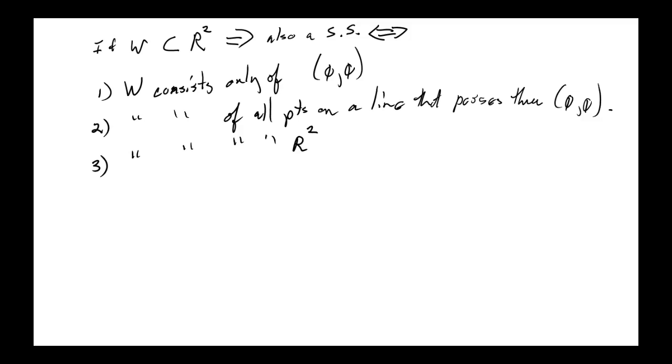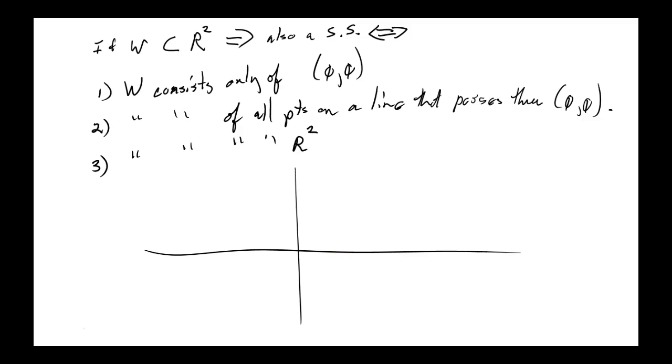So, they do it graphically. Here is your space, all of R2. Everything on R2 is your vector space.